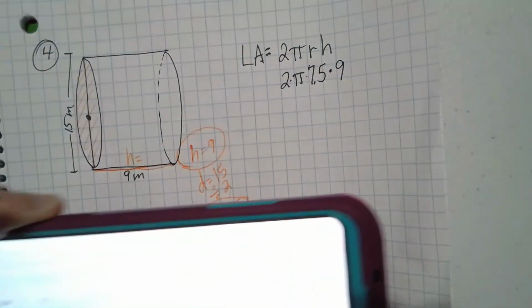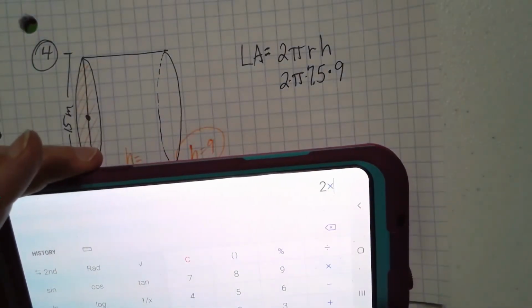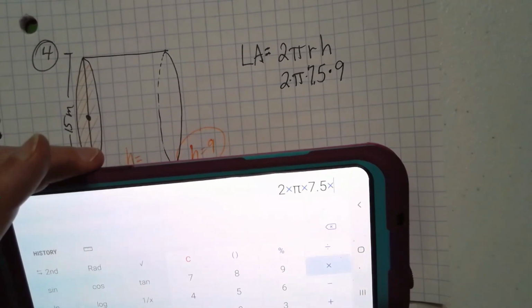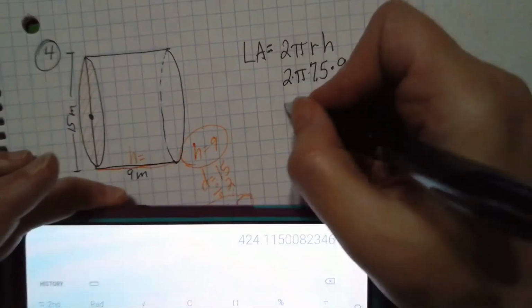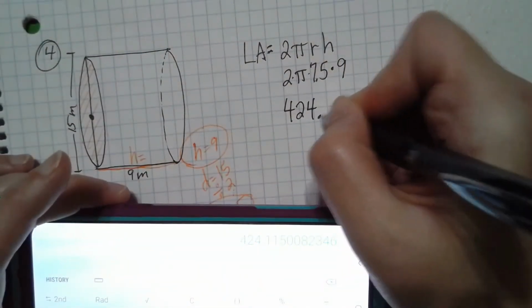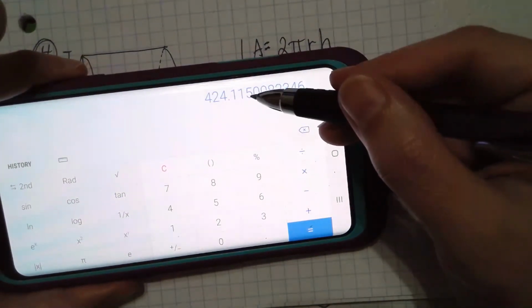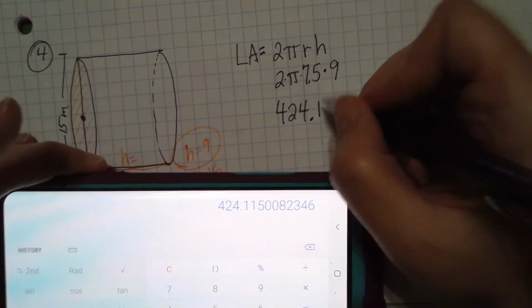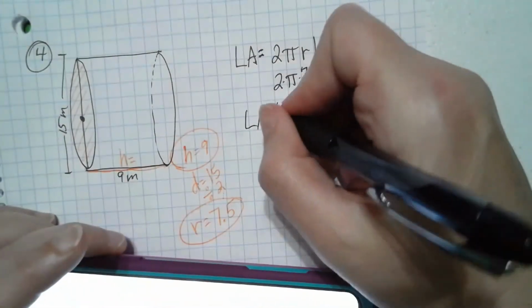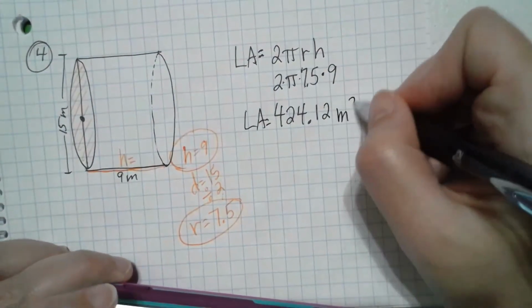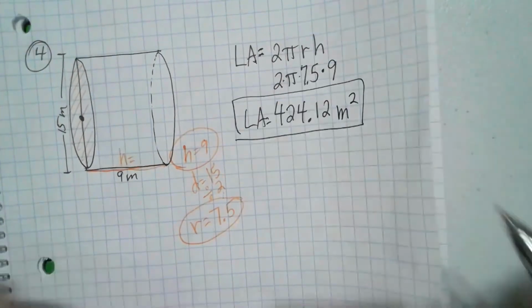Okay. 2 times pi times 7.5 times 9 is 424.1150, the 5 after that, so it's going to become 424.12. Lateral area, meters squared.